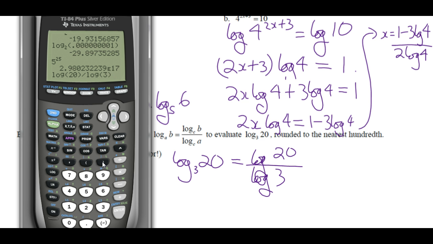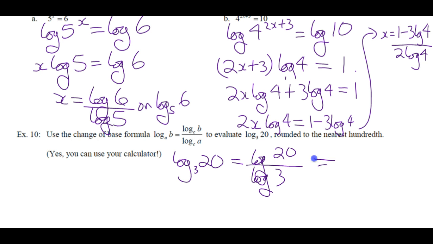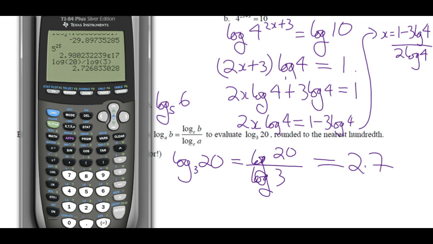That really says 3 to the what is 20. So the number is between what and what? Between 2 and 3, right? Because 3 squared is 9 and 3 cubed is 27. So I get a value of 2.72. What did it say, round to the nearest hundredth? 2.73.